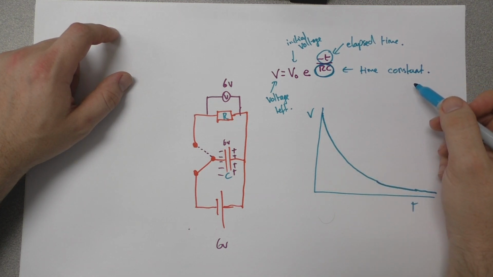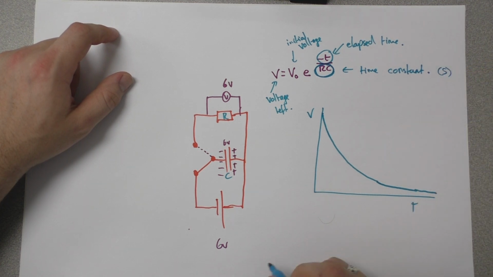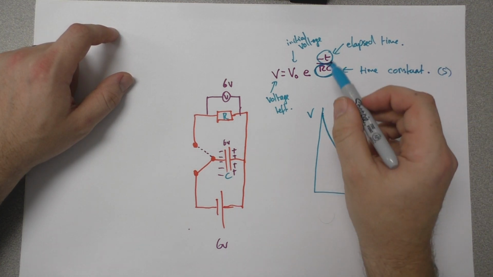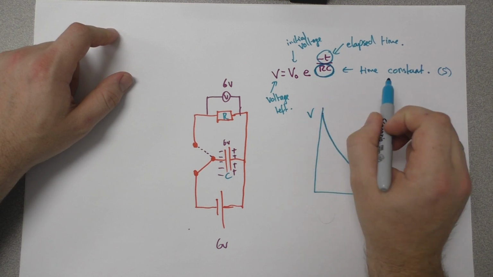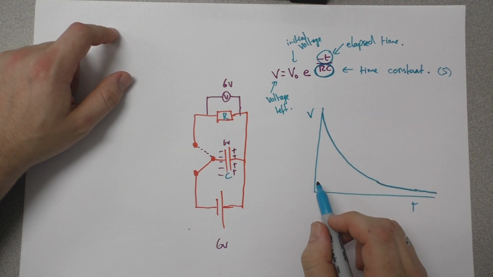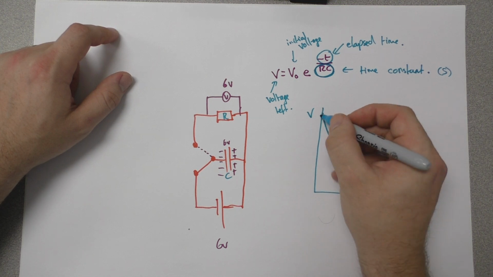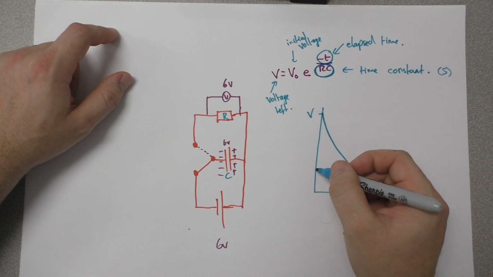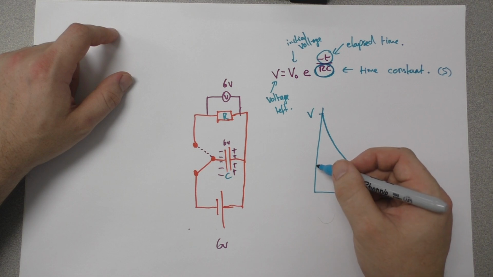And actually you can show that the unit of it is seconds, and I might do that later on in this video if I remember, but I want to get to this point first. So when we multiply these two values together, we get the time constant. And the time constant is the time taken for the voltage to drop to 37% of its original value.